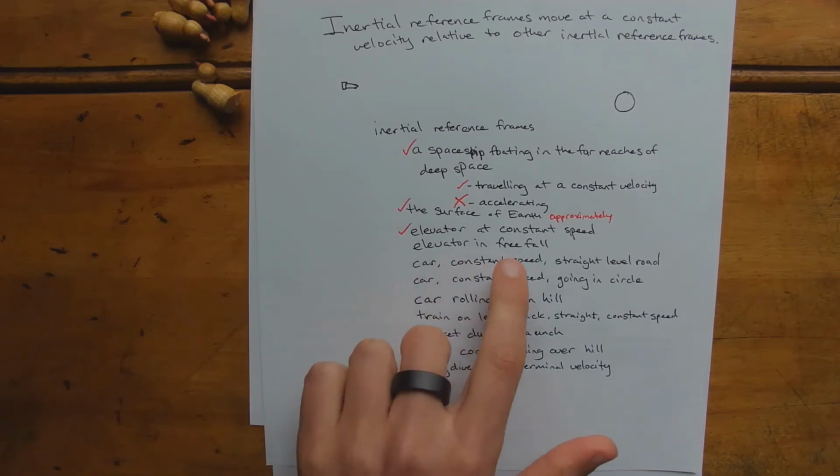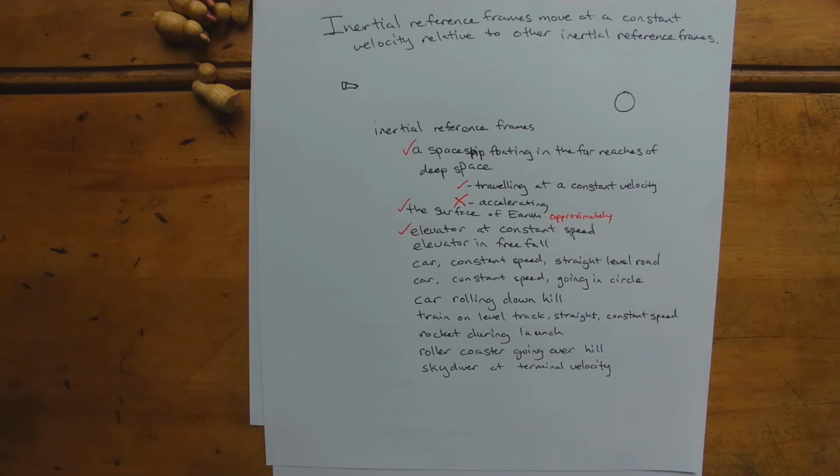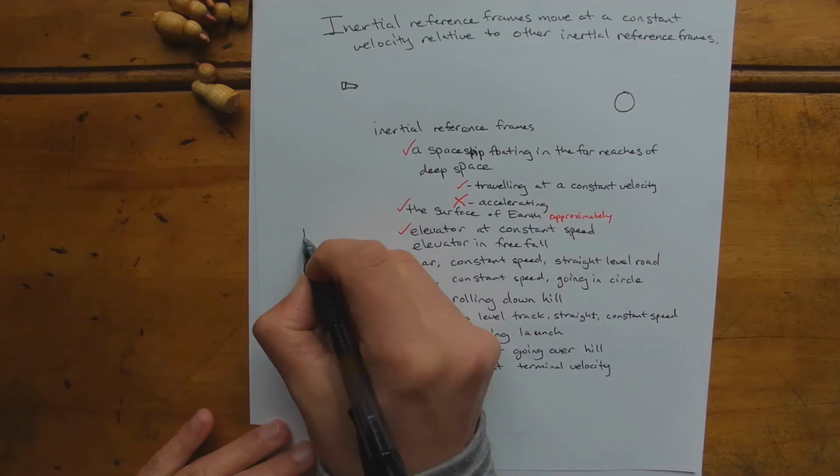If you're standing on a bathroom scale, the bathroom scale would measure something that's not your actual weight. If the elevator is in free fall, it's going to appear like Newton's 3 laws do not hold. We're going to talk about an elevator in free fall later on in this course.